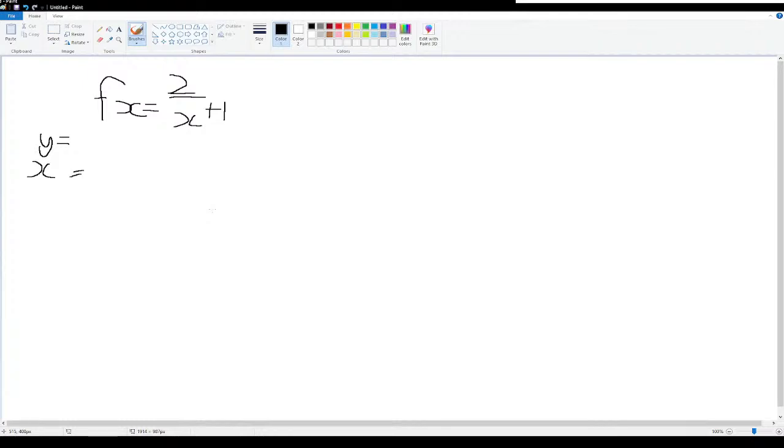You are correct. So to determine y, it's going to just be f(x) equals 2 over 0 plus 1. And since this is not possible, that means this essentially cancels out and f(x) is equal to 1.